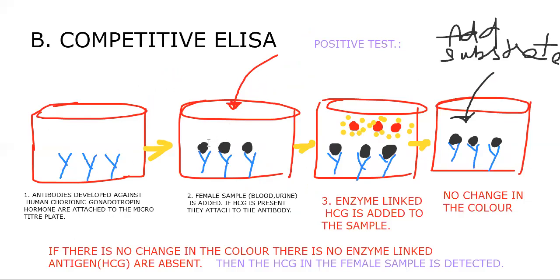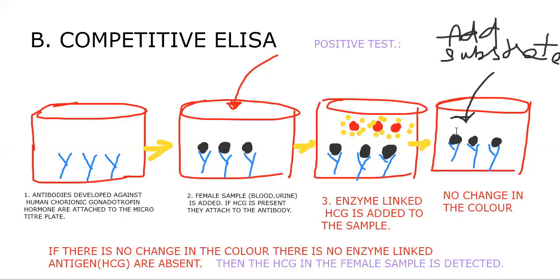In the female sample, blood or urine, if HCG is there, they go and bind with them. Then the enzyme linked HCG is added to the sample. There you see there is no place to bind because the antibodies are already occupied by the HCG in the female sample.